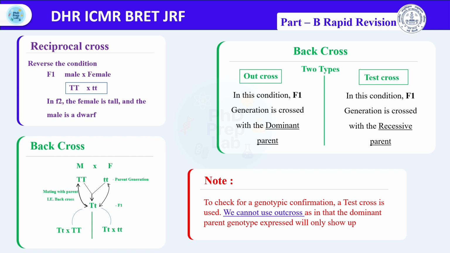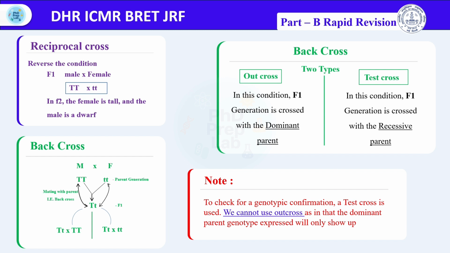A back cross is one in which we cross the F1 generation with a parent phenotype. When we cross the F1 generation with the dominant parent, it is called an out cross. And when we cross the F1 generation with the recessive parent, it is called the test cross.